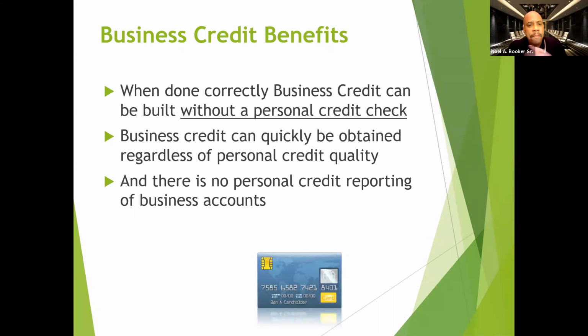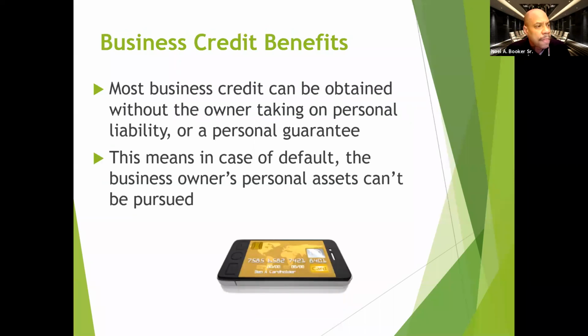So when you get a business account, these accounts report to the business credit reporting agencies and not the consumer reporting agencies. Most business credit can be obtained without the owner taking on personal liability or a personal guarantee. This means in case of default, the business owner's personal assets cannot be pursued.